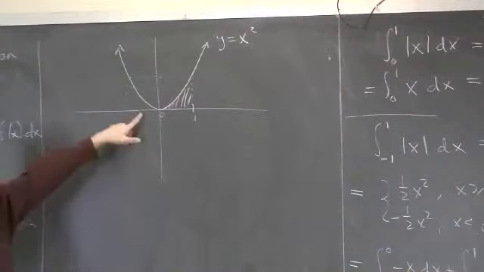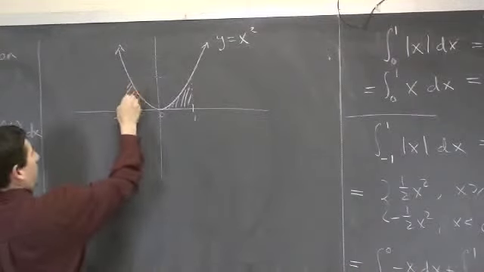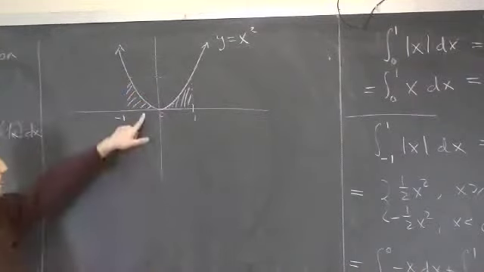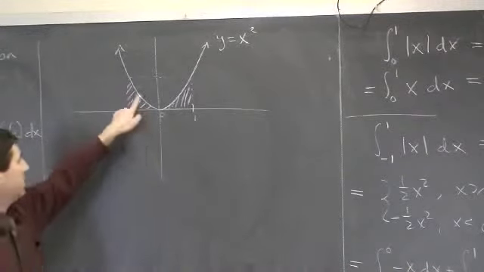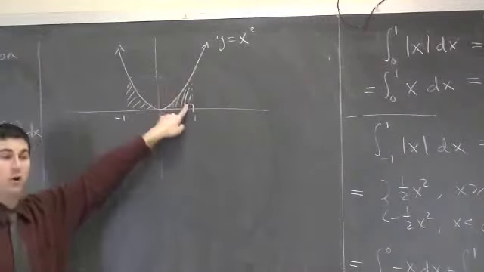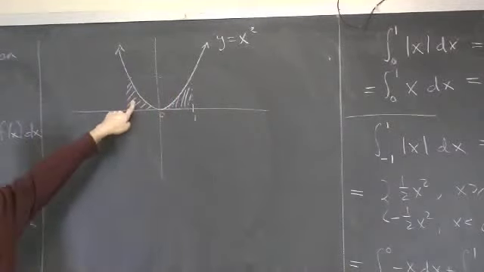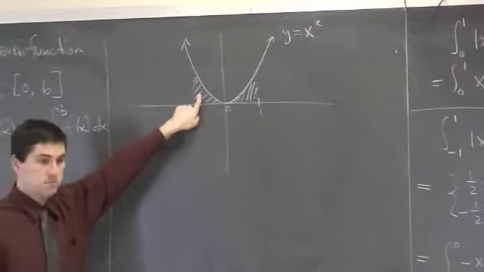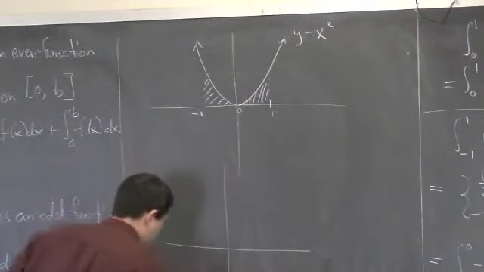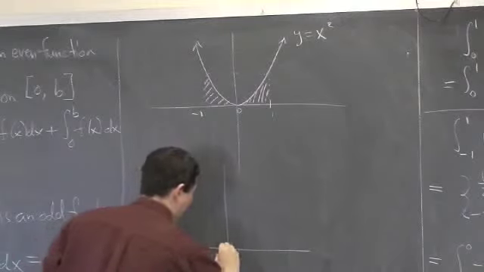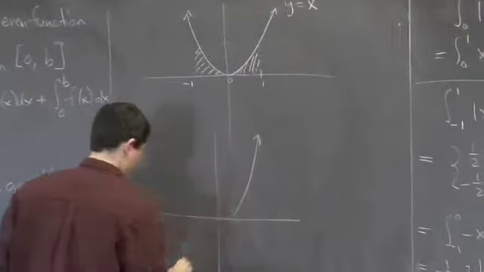If we want to compute the area between minus 1 and 1, because it's an even function, all we have to do is say this area is the same as that area. That area was a third, so this area must be a third. So the whole area must be 2/3.